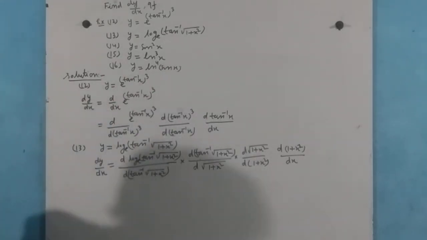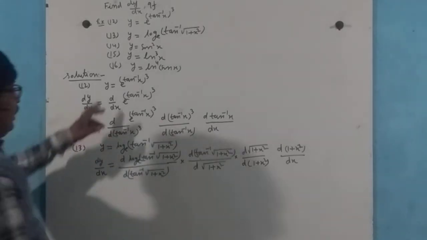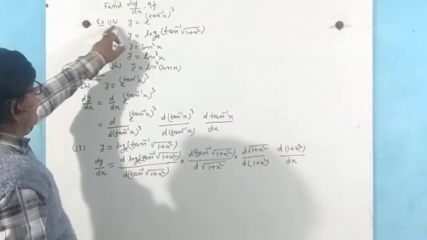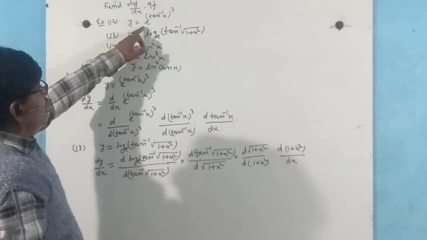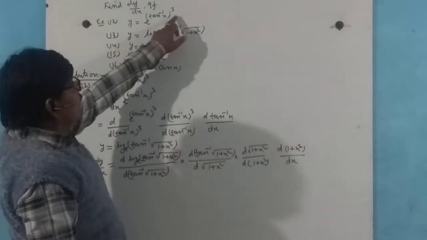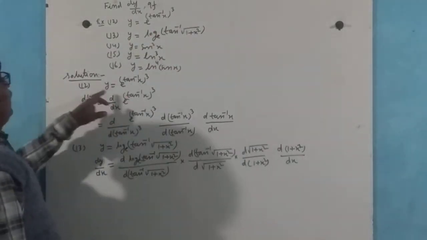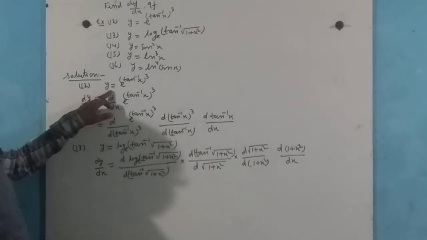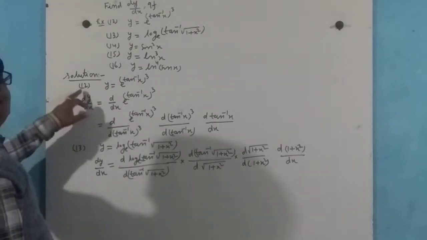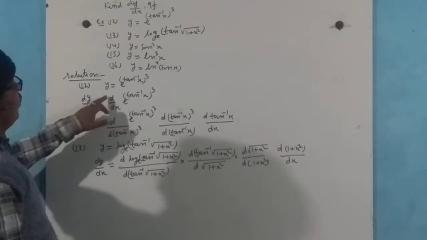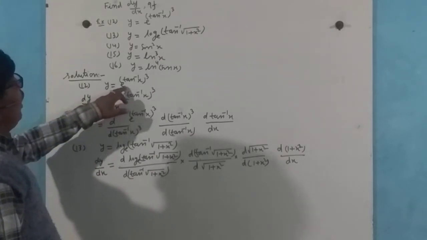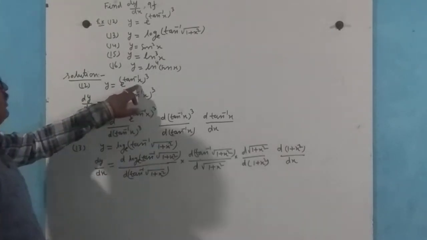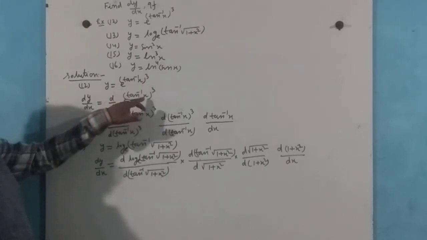Now first of all we take question number 12. y equals e to the power (tan inverse x) whole cubed, and differentiating both sides with respect to x, dy/dx equals d/dx of e to the power (tan inverse x) cubed.